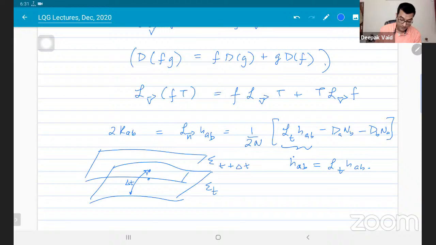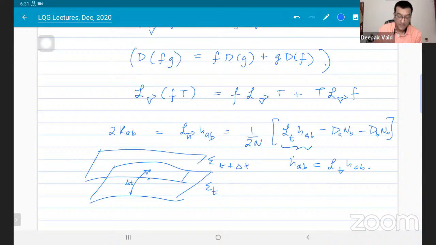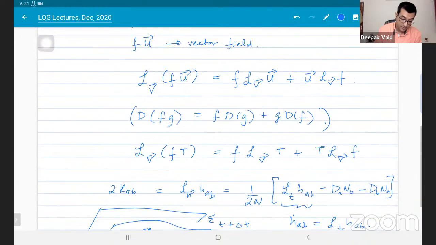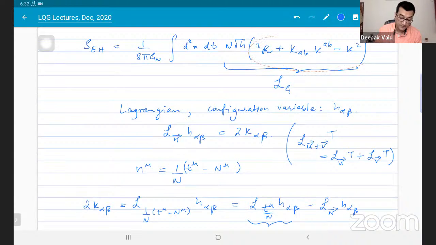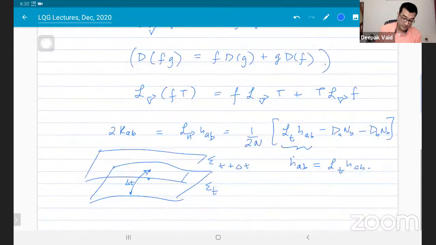So the time derivative has to be measured with respect to this vector field. So we get this expression for KAB, and now we can substitute this expression in our Lagrangian, for KAB and K squared.